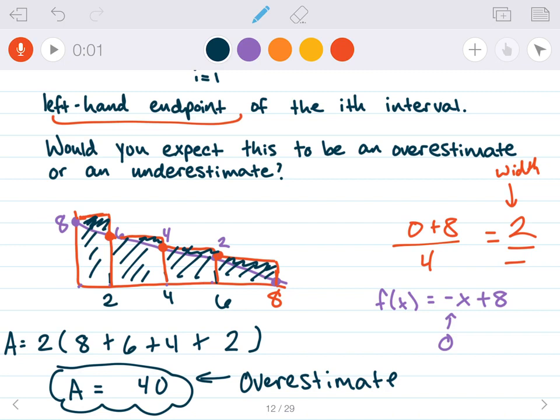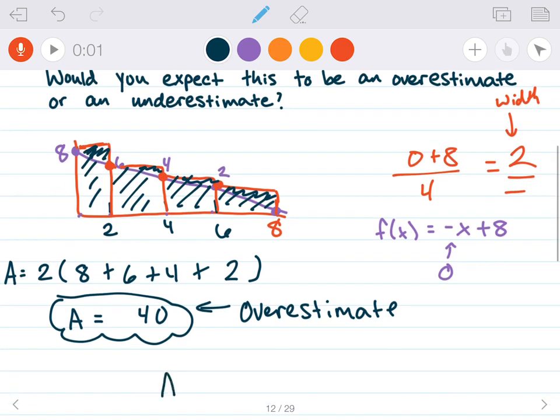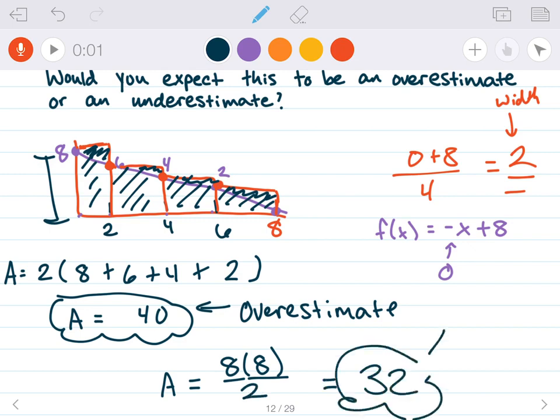And if we were to compute this using the triangle formula, base times height, we have our base is 8, our height is also 8, right? So base times height over 2 is 32. So this is the actual area, and 40 is an overestimate. All right.